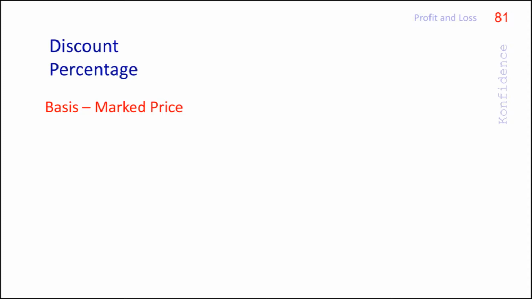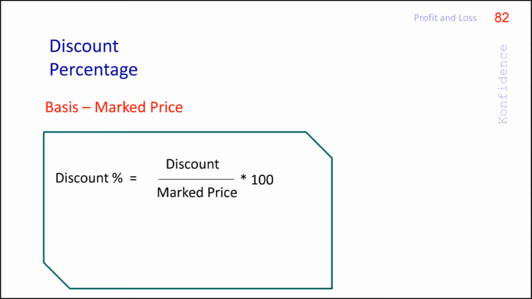So if discount is found out as a percentage of MP, it would look like discount percent equals discount divided by MP into 100. Now the numerator is discount. And what is discount? It is MP minus SP.